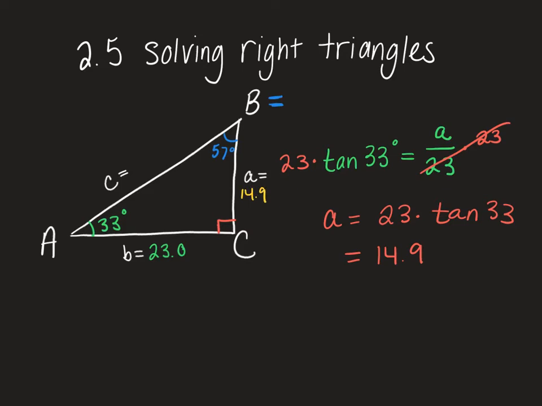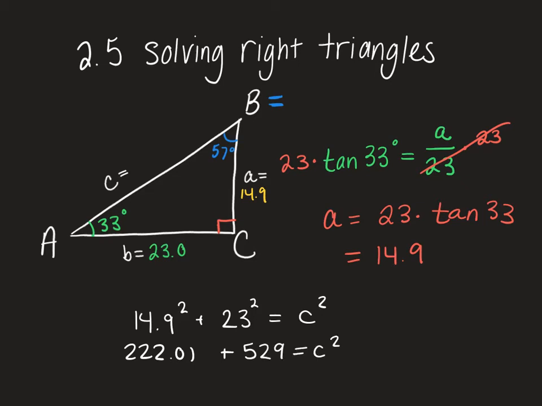Okay, and now we can use the Pythagorean theorem to solve for our third side. So we have A squared plus B squared equals C squared. So we've got 14.9 squared, which is 222.01. 23 squared is 529.